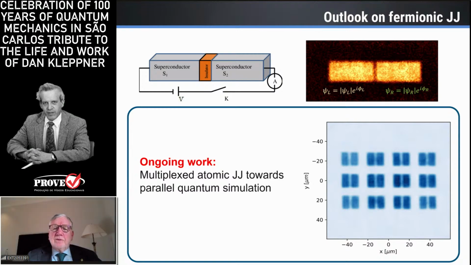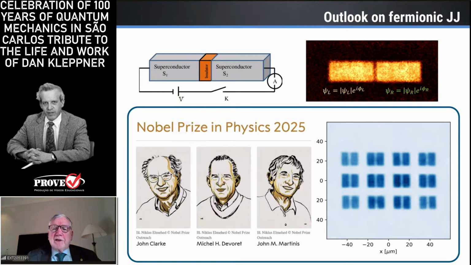And so you can do parallel circuits, which now becomes, again, very important and more advertised because of the Nobel Prize which has been given this year essentially to this macroscopic effect with the superconducting junction, which are also used or could be used as bits for quantum computation.